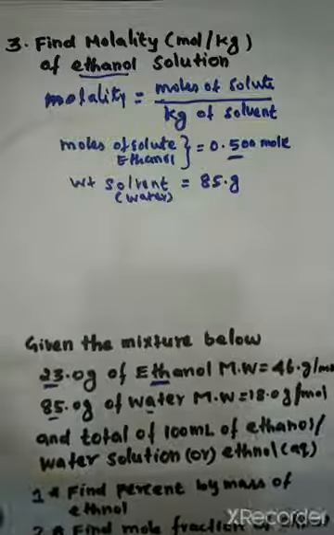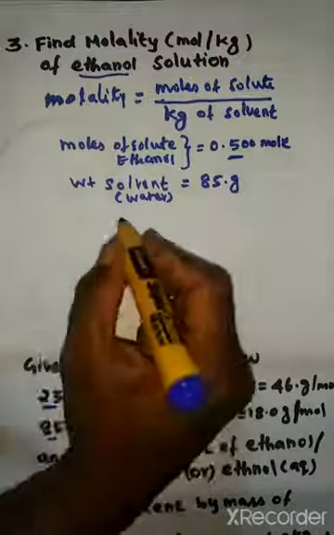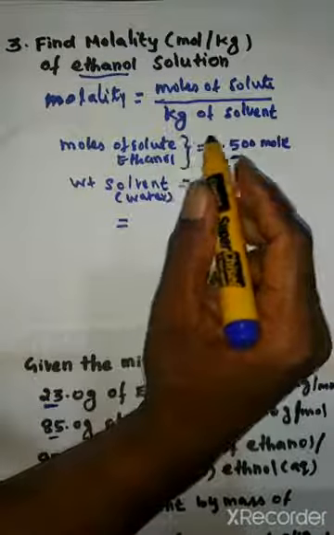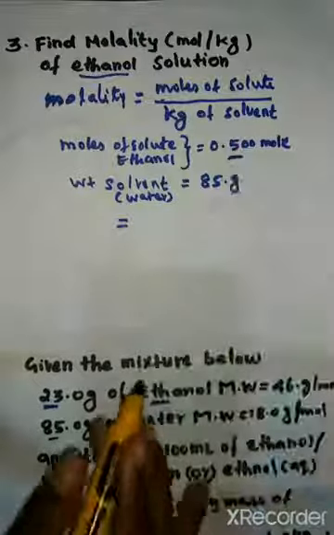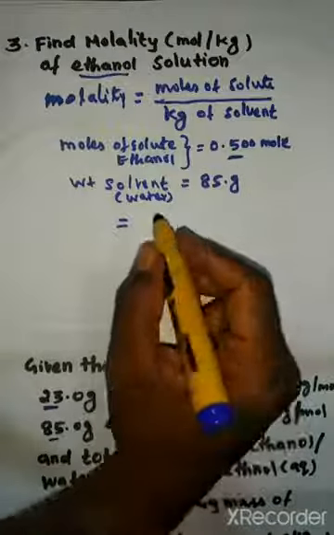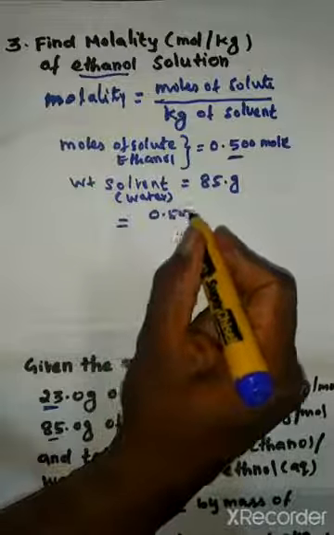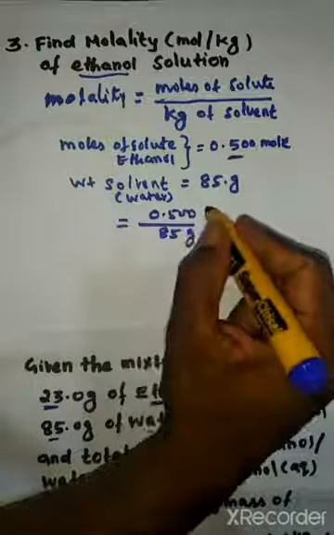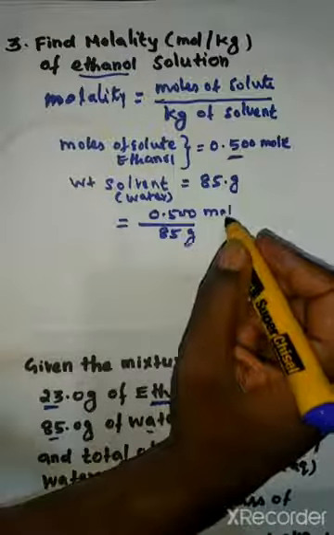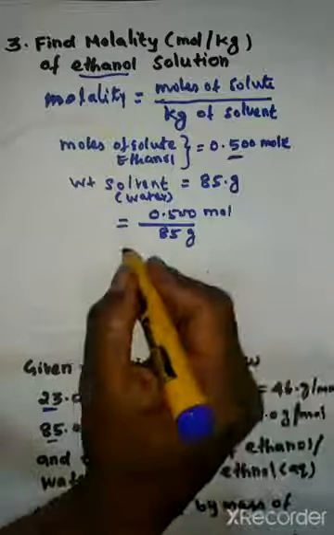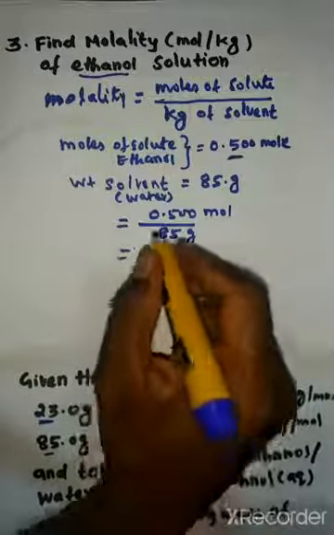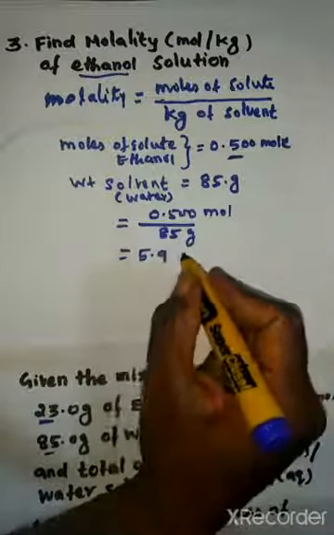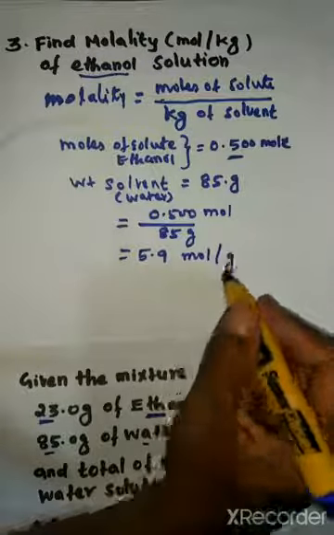If we substitute the values, now we know the moles of the solute, that is ethanol, and the kilogram of solvent. Both values being known, we substitute 0.500 mole and 85 gram. When you solve this, we'll get the value 5.9 mole per gram.